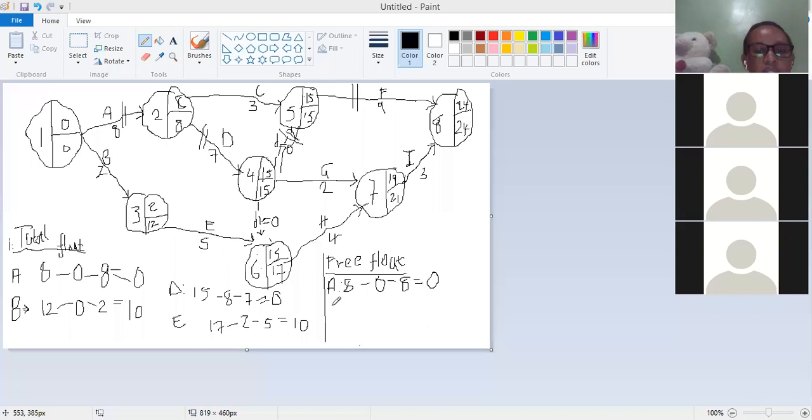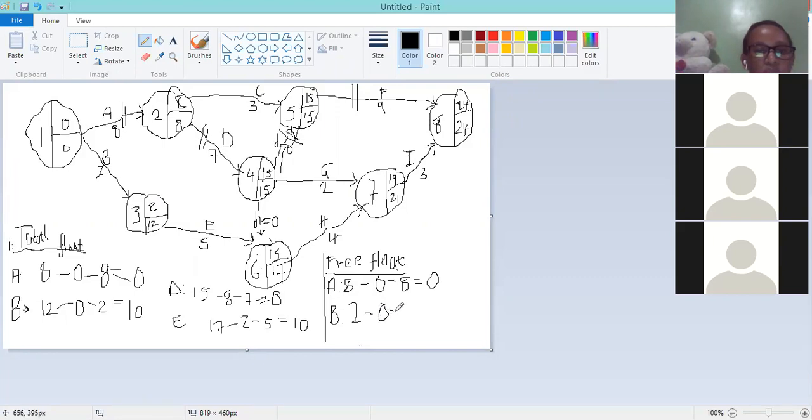So let's try and compute the free float for activity B. How do we go about the computation? I'll pick the earliest event time of number 3, and subtract the earliest event time of number 1 here, which is 0.